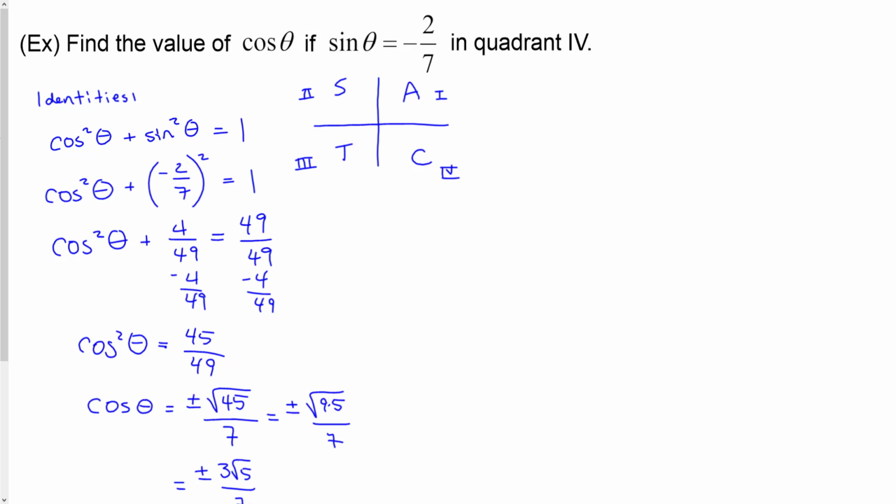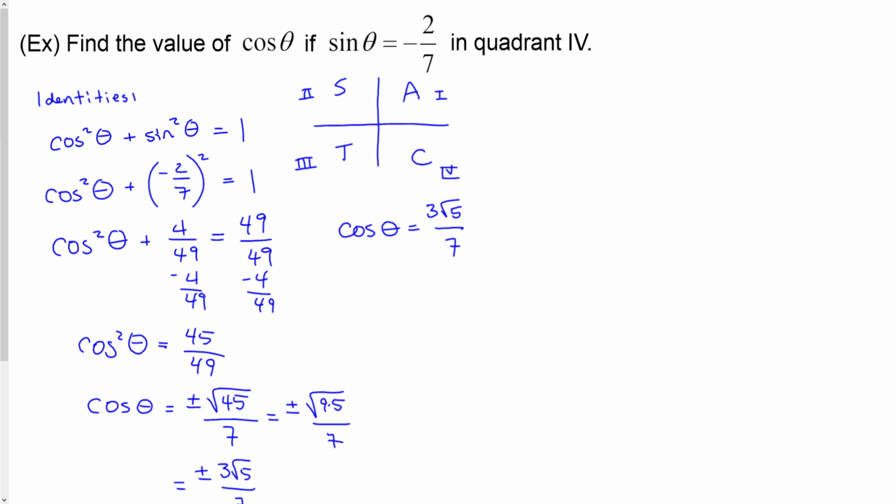So that means cosine is supposed to be positive. So the cosine of my angle measure then is positive 3 root 5 over 7. And that guarantees that I have the correct sign of the values, the positive or negative sign, that is.